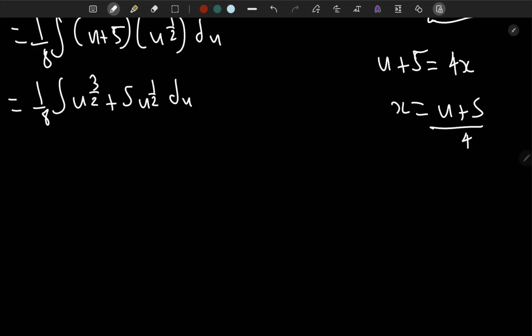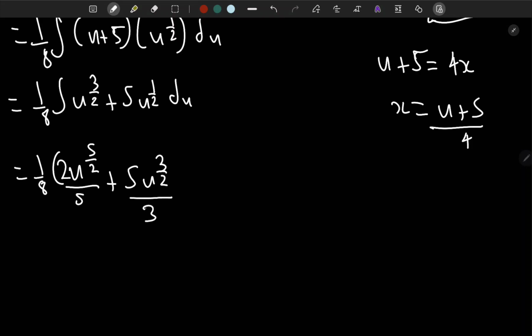And now we can simply integrate this like we do. So 1 over 8, and u is going to be u to the power of 5 over 2 over 5 over 2, so it's going to bring up the 2, and then the other one is 5u to the power of 3 over 2 over 3 over 2, so multiply 5 by 2 and get 10, close brackets, plus c.